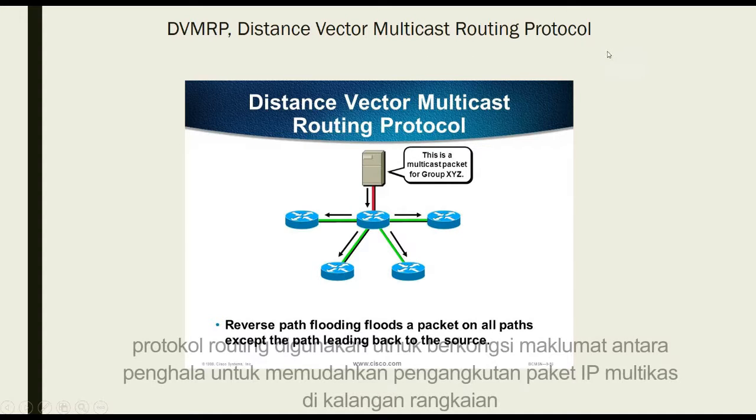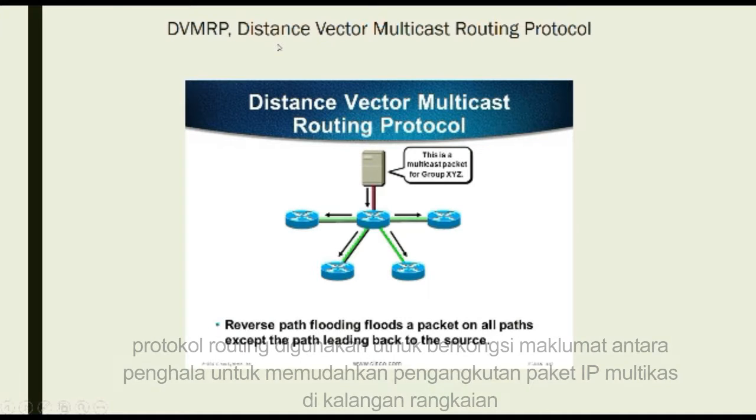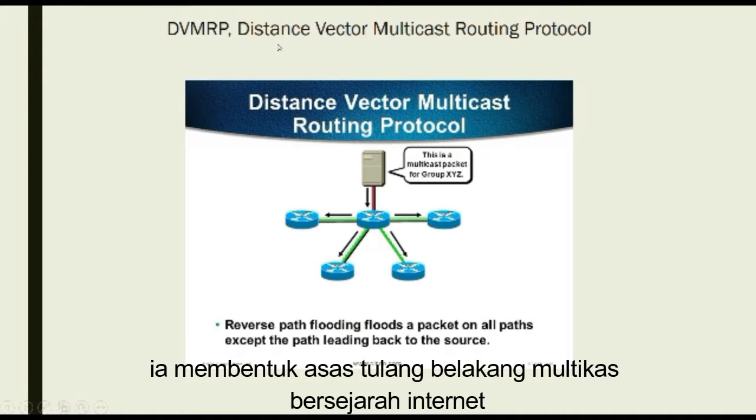The Distance Vector Multicast Routing Protocol (DVMRP), defined in RFC 1075, is a routing protocol used to share information between routers to facilitate the transportation of IP multicast packets among networks. It formed the basis of the Internet's historic multicast backbone.